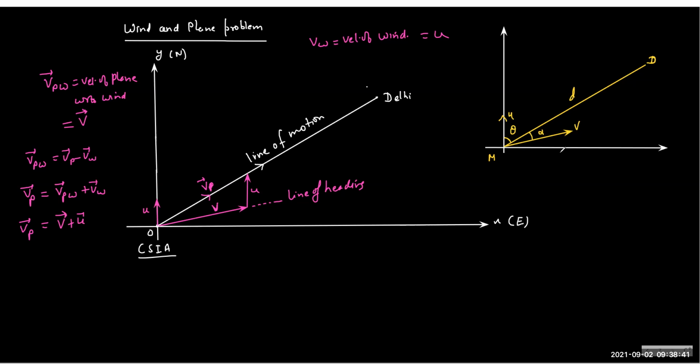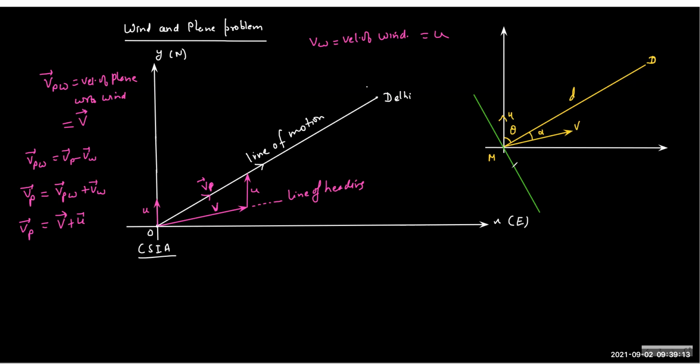So the rule is simple. The resultant velocity in the direction perpendicular to the line of motion must be zero. If you want to go this way, then the other component should not exist. Which component? The component which is perpendicular to the line of motion.